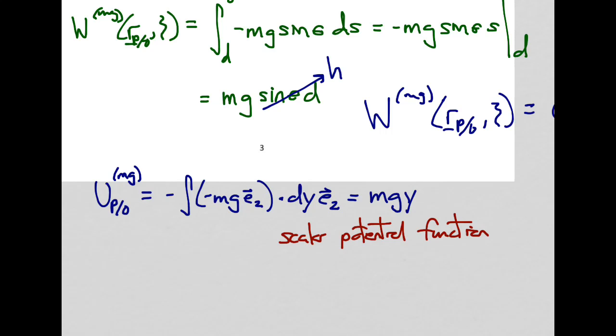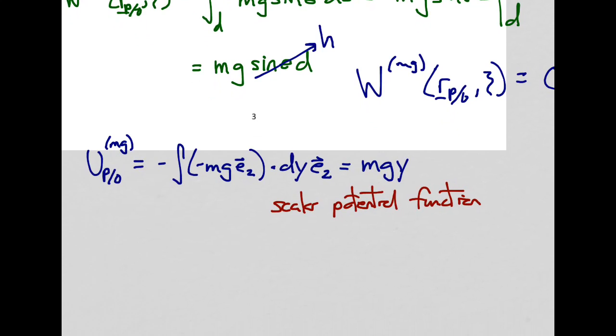And so a scalar potential function is defined as, there are two requirements that this has to be for this to work out as potential energy. So the first requirement is that the negative gradient of potential energy of any conservative force has to be equal to that force itself.